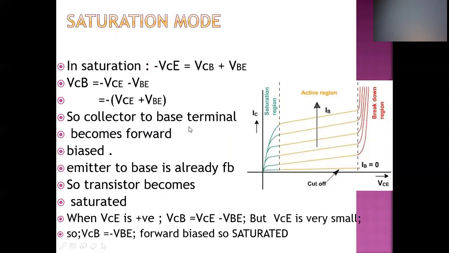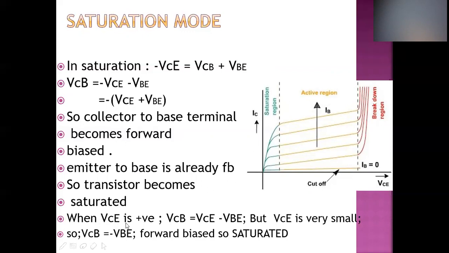and as the VCB is in the forward biased region, the emitter to base terminal is already forward biased. So both of the terminals, that is the emitter to base terminal and the collector to base terminal, are in the forward biased region, and this happens only in the saturation mode. That is why it is in the saturation region.